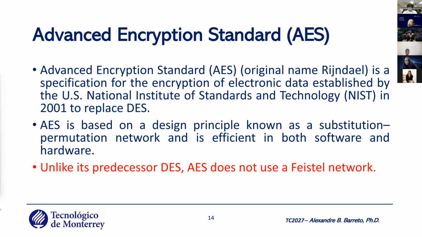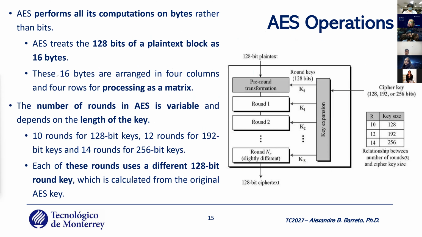So how does AES work? Okay, AES uses 128 bits of plain text or 16 bytes, okay? You organize these 16 bytes in 4 columns and 4 rows to process as a matrix. It's the time that you make the math operations.